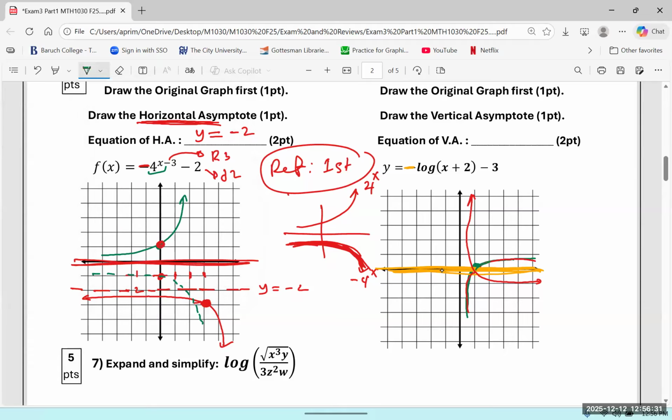So the original graph has a top here. Reflection must be down there. The original graph has a part down here. So its reflection will go up there. It doesn't reflect about the y-axis. You'll have a y reflection if you have a negative sign here. But it did not have a negative sign here.